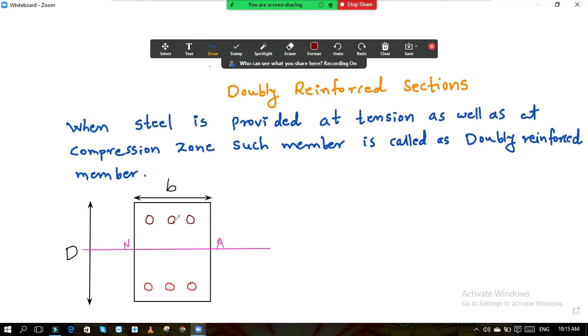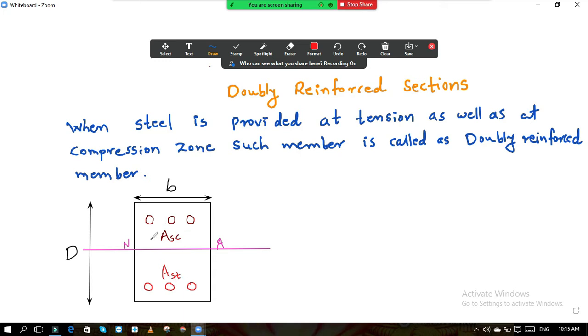So the area of this steel is called ASC, area of steel in compression zone, and this is the area of steel in tension zone, AST.